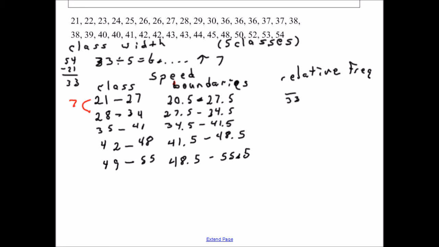One of the nice things about ordering the data is to help you find that particular class. So the first one going 21 to 27, I can divide up that class right there. And I can see all those in that first group there underlined in blue. And I can count that as a 8 out of 33.